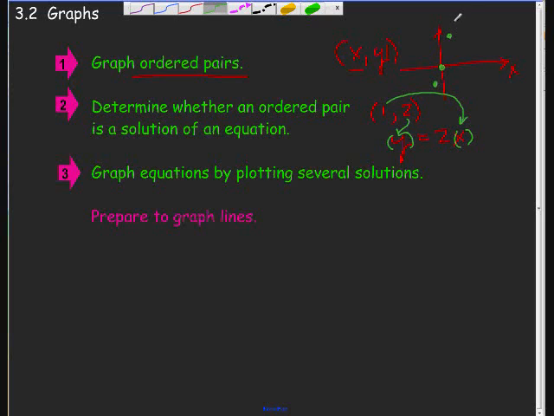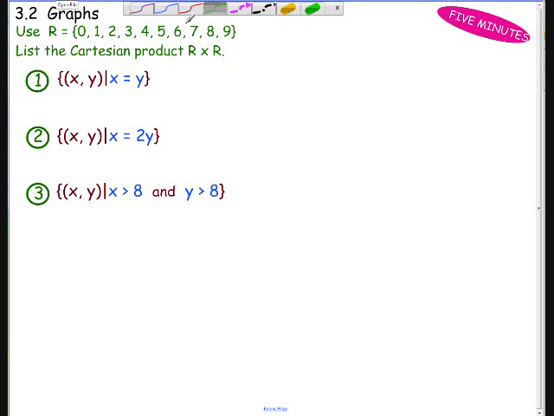We don't actually need 3 points. I advocate that you use 3 points because then if there's something wrong, it'll show up, because at least with a linear equation, we should get a straight line. We always do this, a little review of what we've done before.